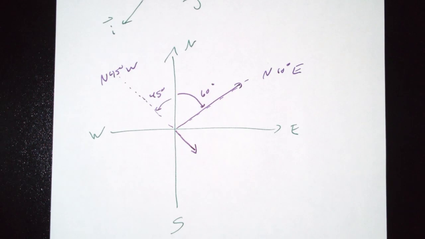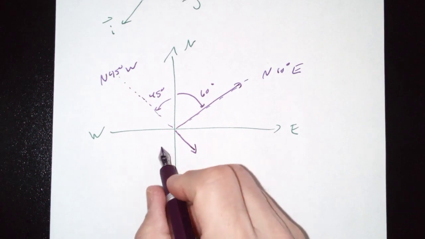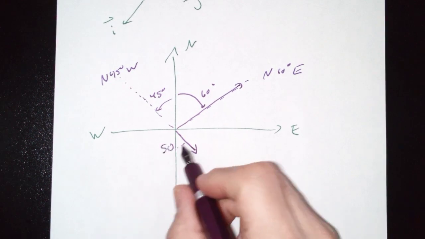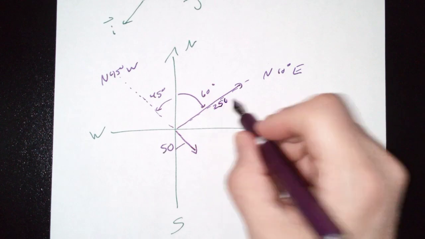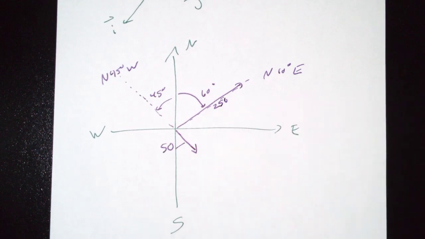So the wind has a magnitude of? The wind is 50 kilometers per hour. And the plane? 250. All right, so at the moment I'm leaving all the units off this piece of paper. I'm okay with that. So the plane goes this way, but the wind pushes it. What's going to happen? Offset.